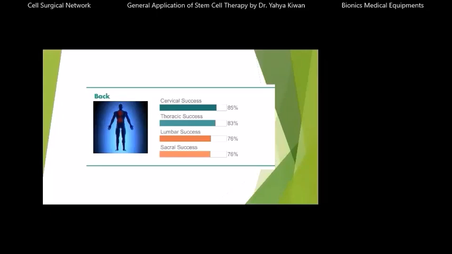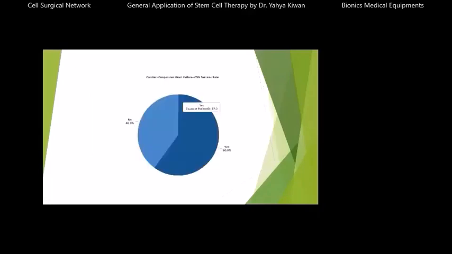You could see the success rate in cervical disease, 85%, thoracic, lumbar, and sacral joint diseases. If you look at the cardiac in this slide, the success rate in cardiac heart failure is only 60%, which is not bad, but I will go in details in my cardiac presentation later on about the meta-analysis of all international randomized trials.